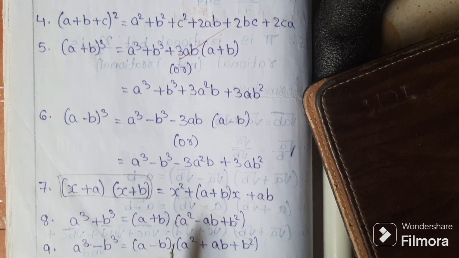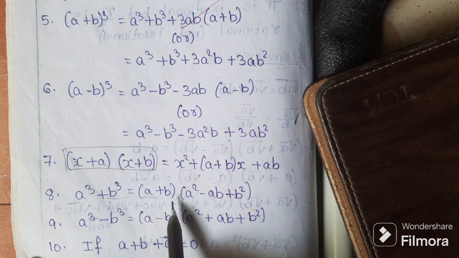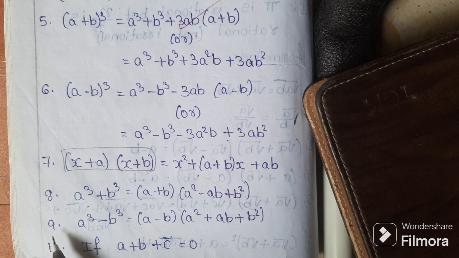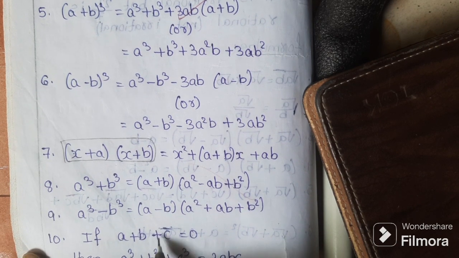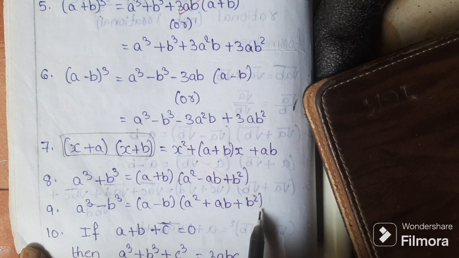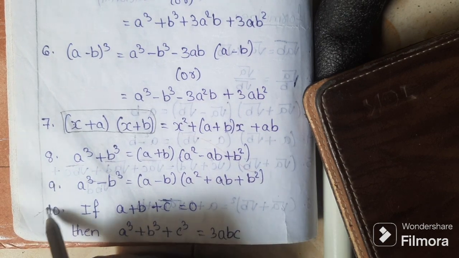Eighth one, a cube plus b cube is equal to a plus b into a square minus ab plus b square. Ninth one, a cube minus b cube is equal to a minus b into a square plus ab plus b square. This is a very important formula for our sums.